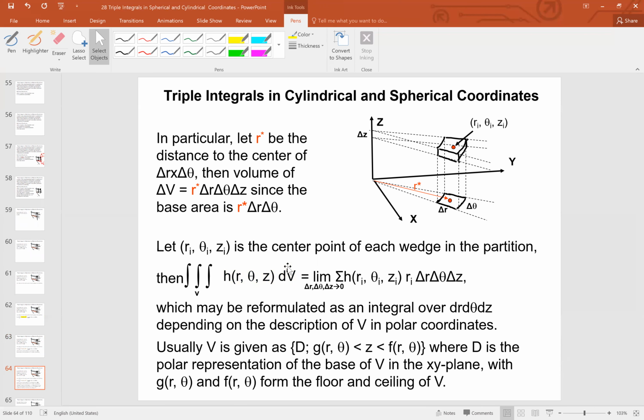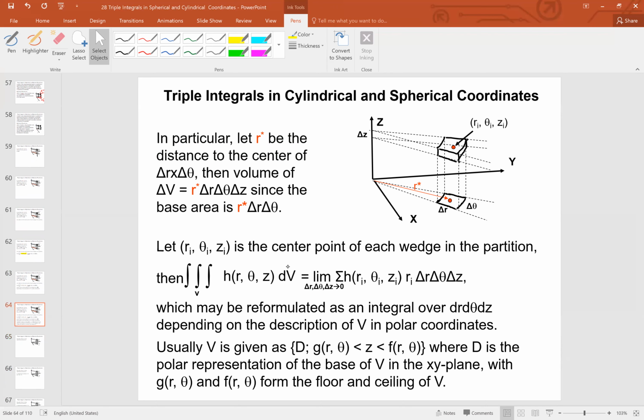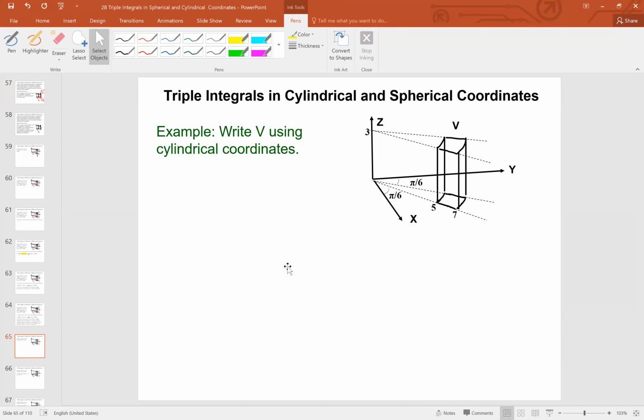So first, let's describe a couple of solids. In order to do this, we're going to change these triple integrals into iterated form, dr d theta dz or whatever, depending on which one, or d rho d theta dz. We need to do iterated integrations, so here's the algebra for doing it.